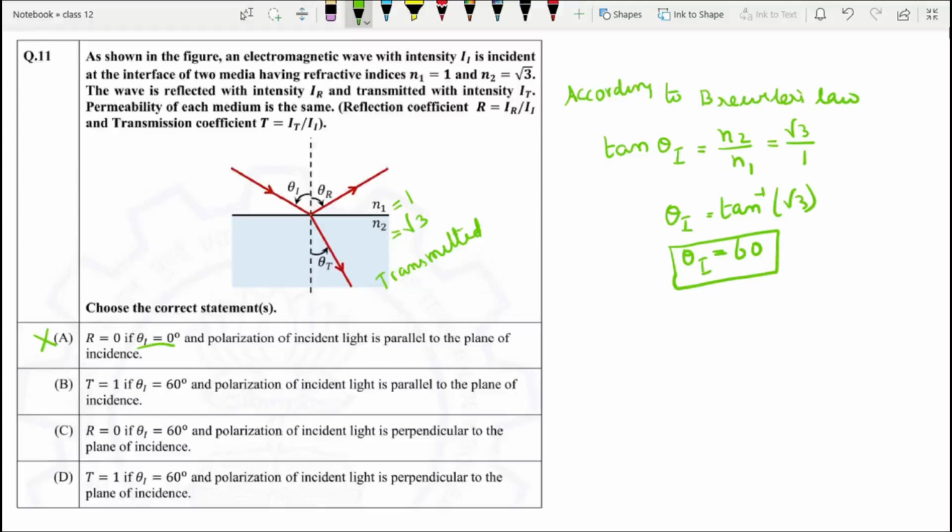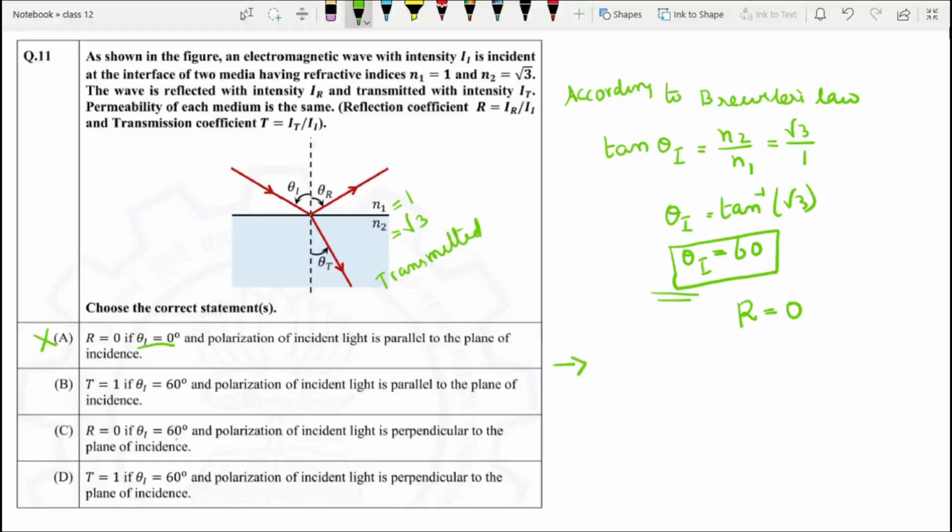Now we have to check the other three options. We know that when light falls at a Brewster's angle, the reflection coefficient R is equal to 0. So by using this we cannot eliminate any of these answers, because theta I equal to 60 degree is given in option C and R is also equal to 0.